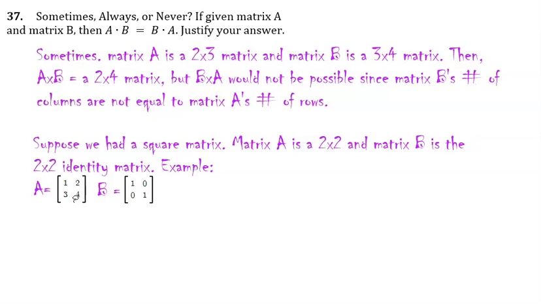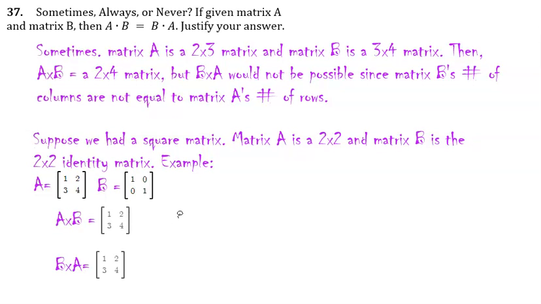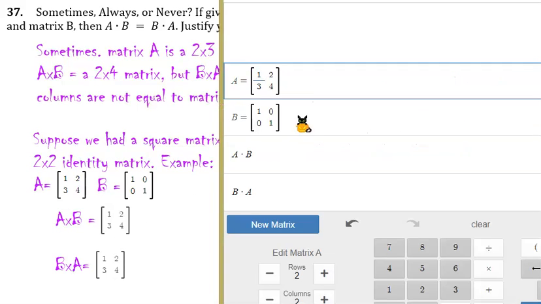From that, we'll go ahead and evaluate A times B and B times A. If you need to, you can use the Desmos calculator to calculate A times B and B times A. But for both of them, you should get 1, 2, 3, 4 right here.